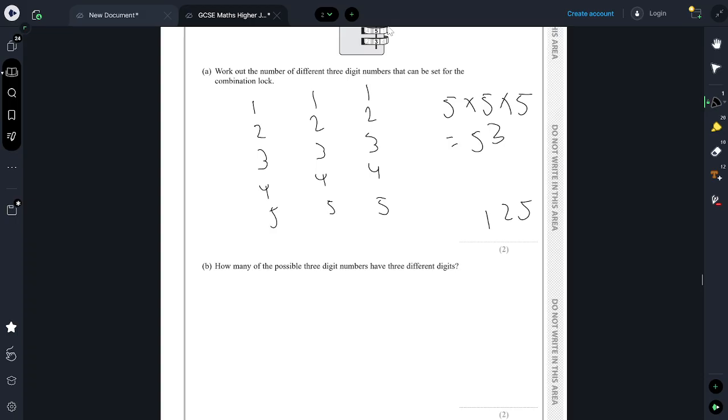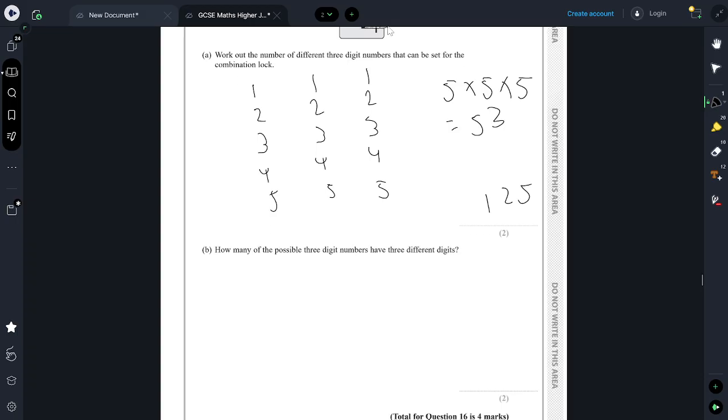With this type of question, if you're a bit unsure, try and sketch some possible combinations. So, one, you cannot have one there.